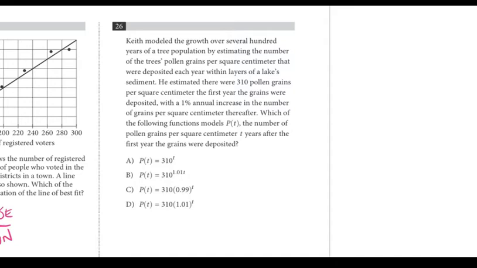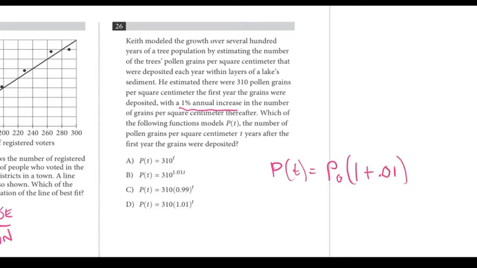Well, this is like an exponential function, and the equation that we're looking for is P of T would equal the initial starting amount, and then it would be 1 either plus or minus. Since it's a 1% increase every year, it's going to be plus, and that's going to be the percentage.